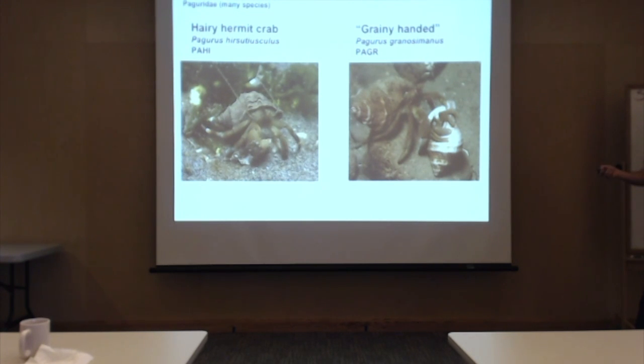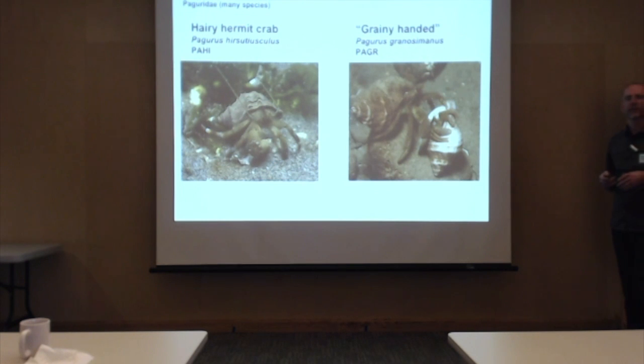It's got hairy white banded legs, and it actually has bands on the antenna as well. The grainy-handed hermit crab, we call it that because it has grainy hands. It has little tubercles on its claws that look like little blue sand grains almost.